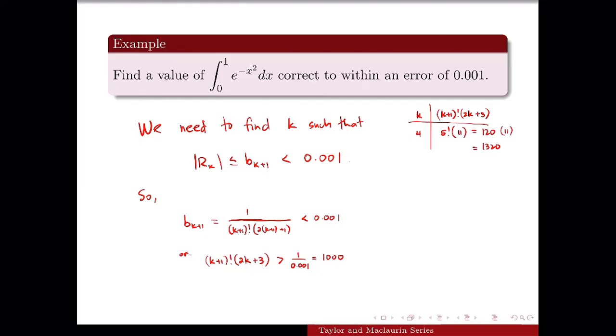Okay. This one is greater than 1,000 already. Okay. This one is greater than 1,000. Let's see. Is this the smallest? What about k equals 3? Let's just check. 3 plus 1, that's 4 factorial times 2 times 3, that's 6 plus 3, 9. 4 factorial, that's 24.